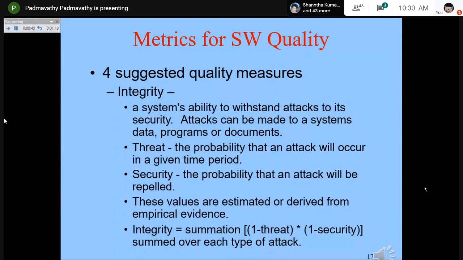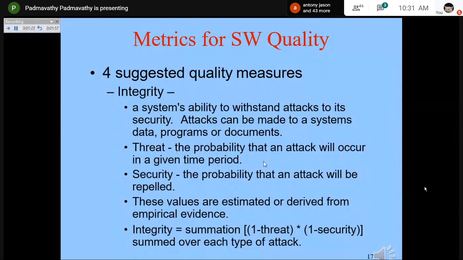So these attacks can be made to a system's data, programs, or documents. So the threat is the probability that an attack will occur in a given period of time, and based on that, it is secure enough. And the probability that an attack will be repelled is how much it is able to repel back, even if a threat has been posed. They plan that this type of threat might come to a particular document of the project, or to a particular database or record of the project.